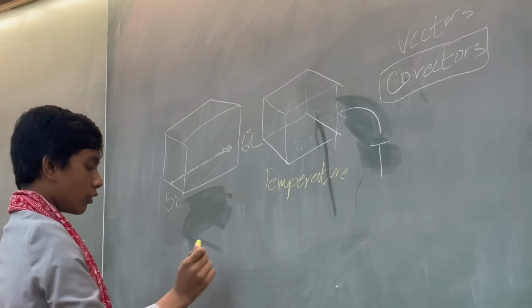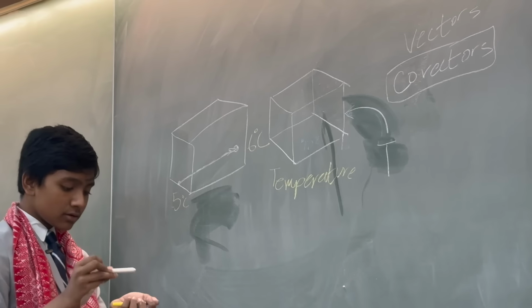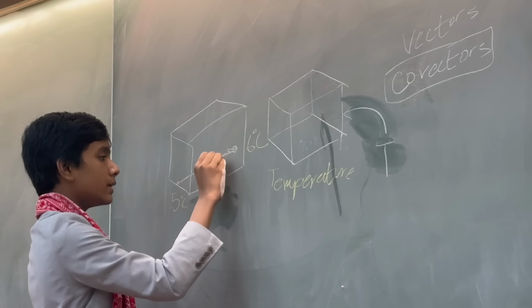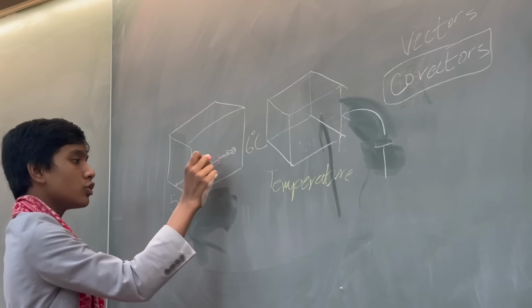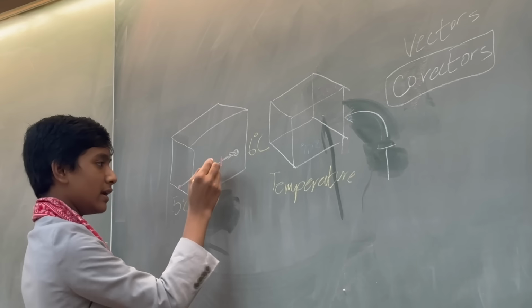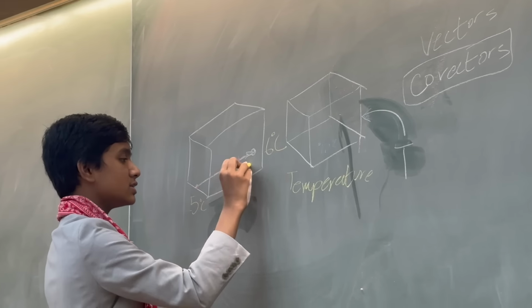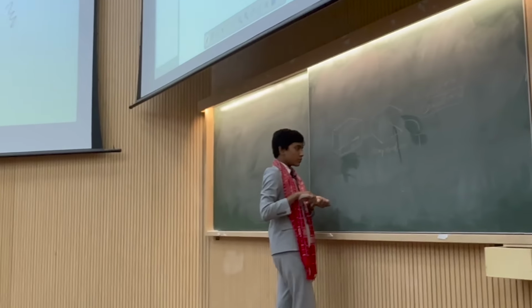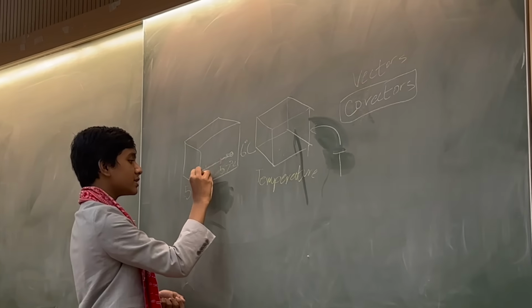Then, instead of doing that, we're going to make it a little bit shorter. We're instead going to be walking from this side of the room to maybe around here. And we measure that it's, say, 5.7 degrees Celsius. And then we get a little bit closer. We measure, for example, 5.2 degrees Celsius.